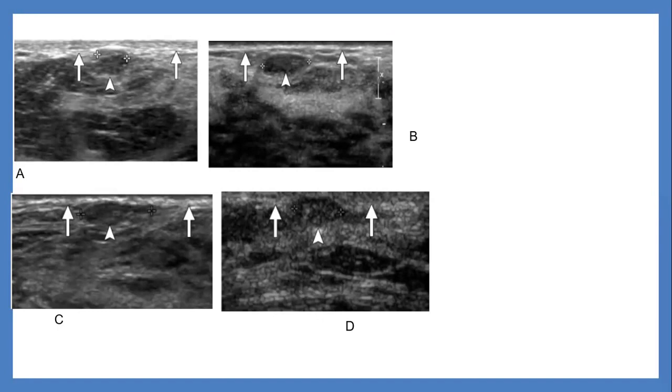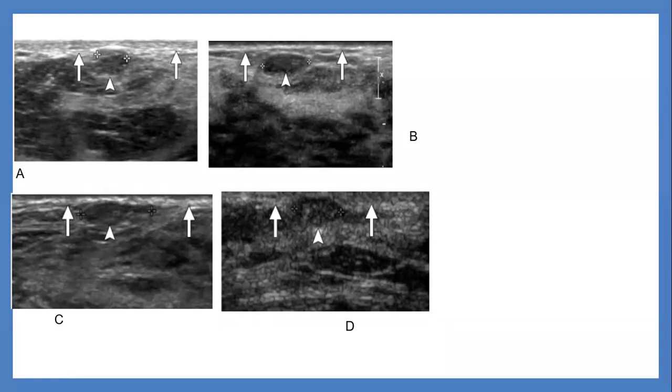What are the lesions related to the terminal duct lobular unit? Benign lesions like fibroadenoma, like adenosis, as well as malignant carcinoma. Excellent. The benign lesions like papilloma, fibroadenoma, adenosis or sclerosing adenosis, and the malignancy like invasive carcinoma or DCIS.